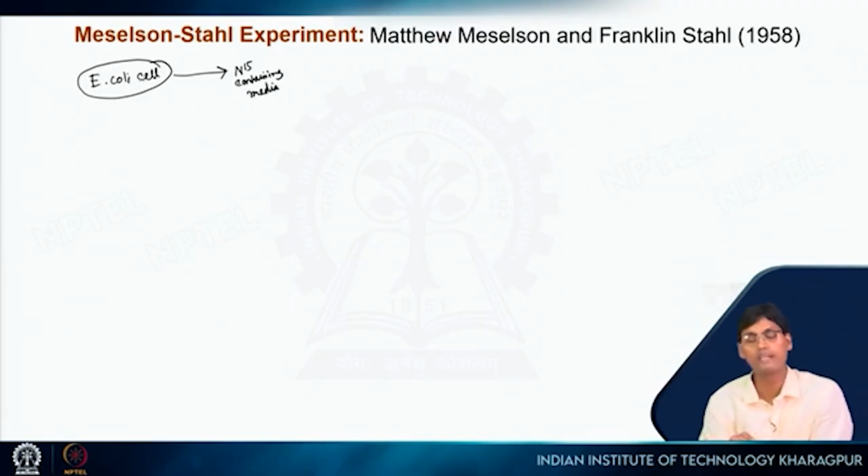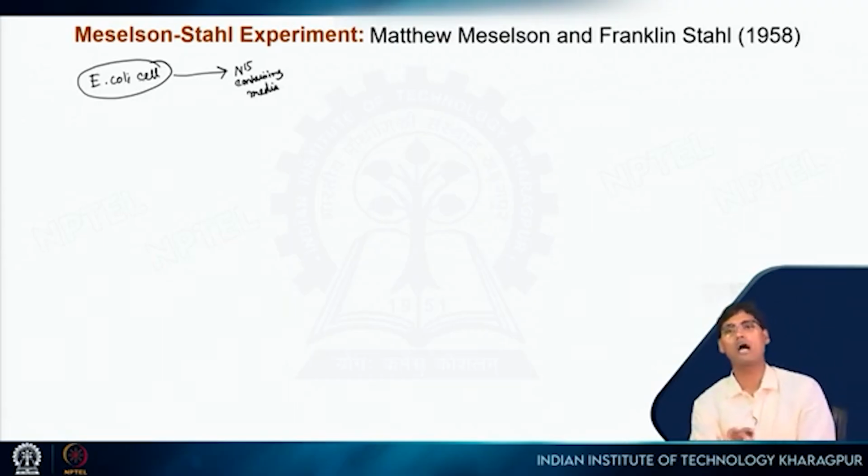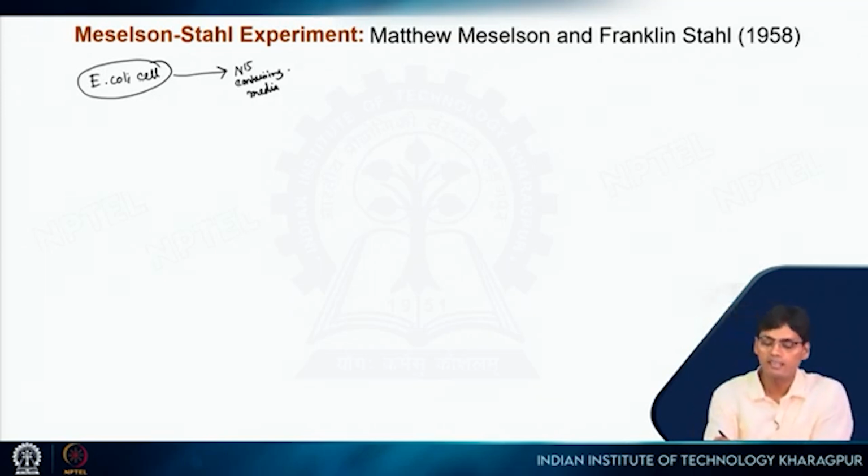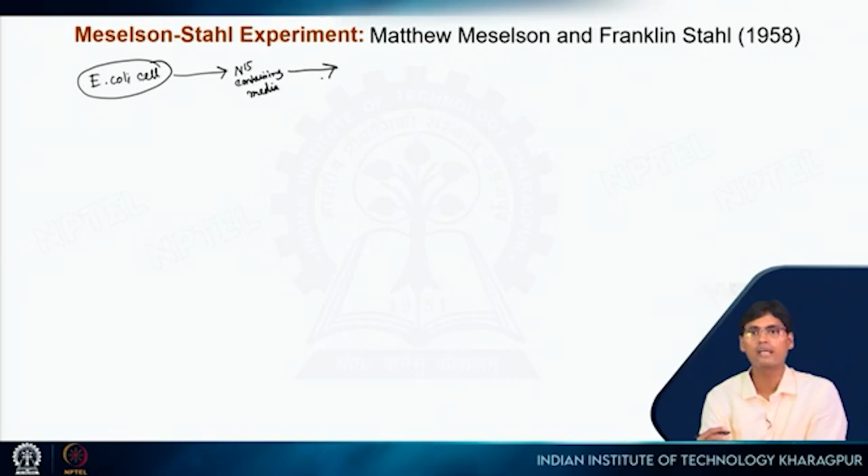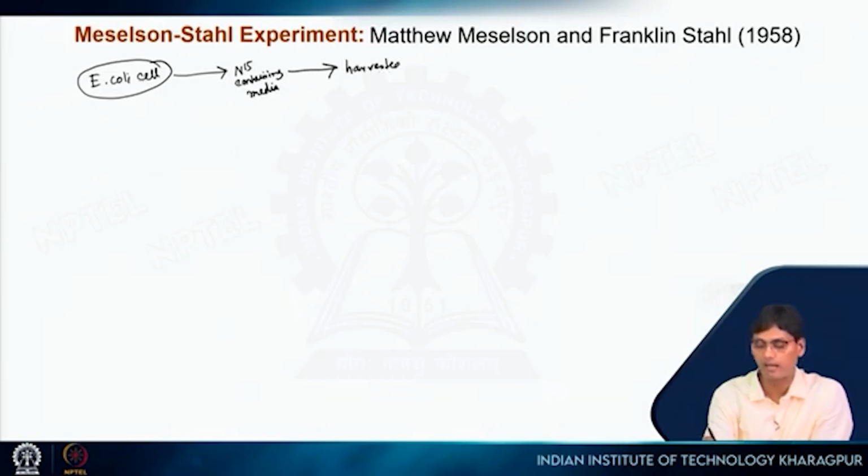It's a liquid media, N15 containing media, for long hours, for example overnight, and then they harvested those cells. So cells were grown for a very long time, like I would say 10 to 16 hours, and then they harvested E. coli cells.